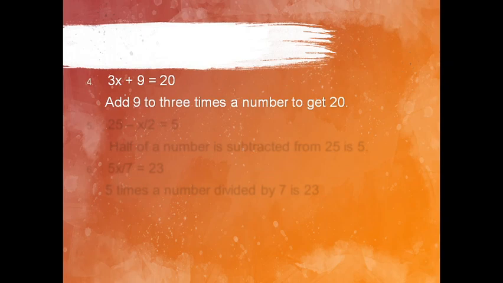Then the next equation given is 25 minus x by 2 equals 5. Here x by 2 means 1 by 2 into x, and 1 by 2 means half. 1 by 2 into x is equal to x by 2.